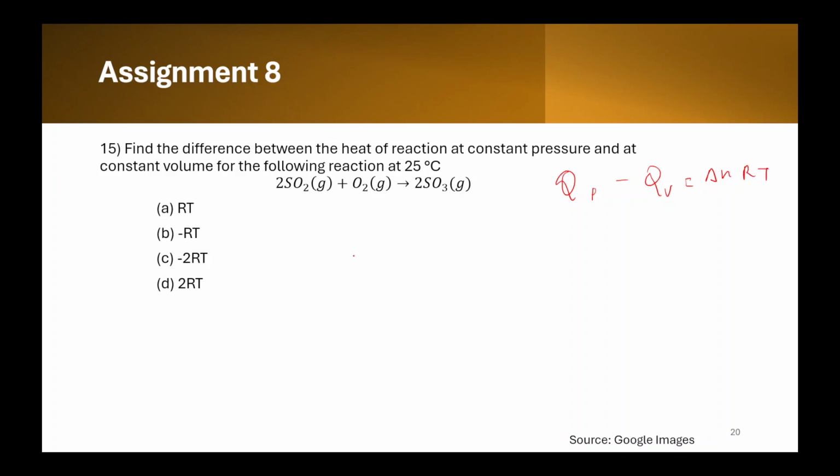So we need to only compute the delta n basically. So we are given all are in gaseous form. So delta n will be 2 minus 1 minus 2. 2 minus 2, so minus 1. So basically minus RT. So correct answer is B part.